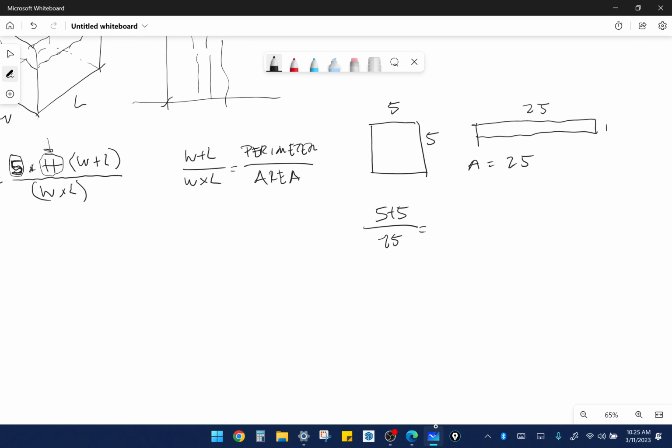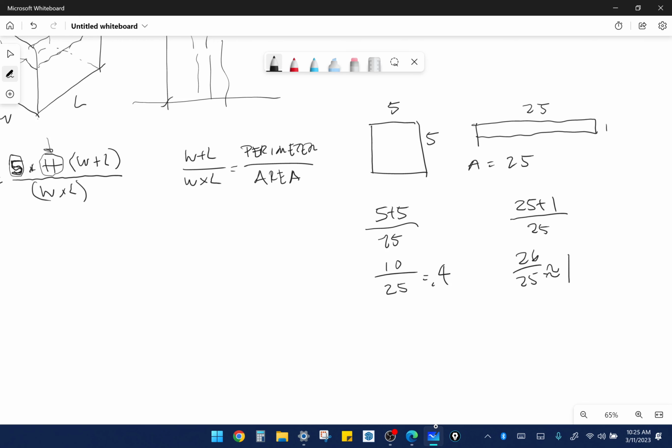So that's 10. Let's do it this way. 10 divided by 25, which equals 0.4. This is 25 plus 1 for our perimeter, divided by 25. And 26 divided by 25 is about 1.